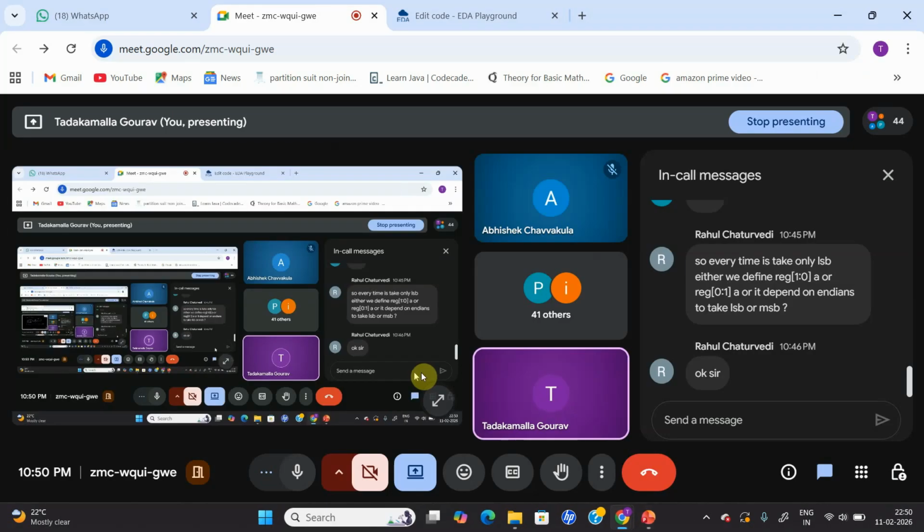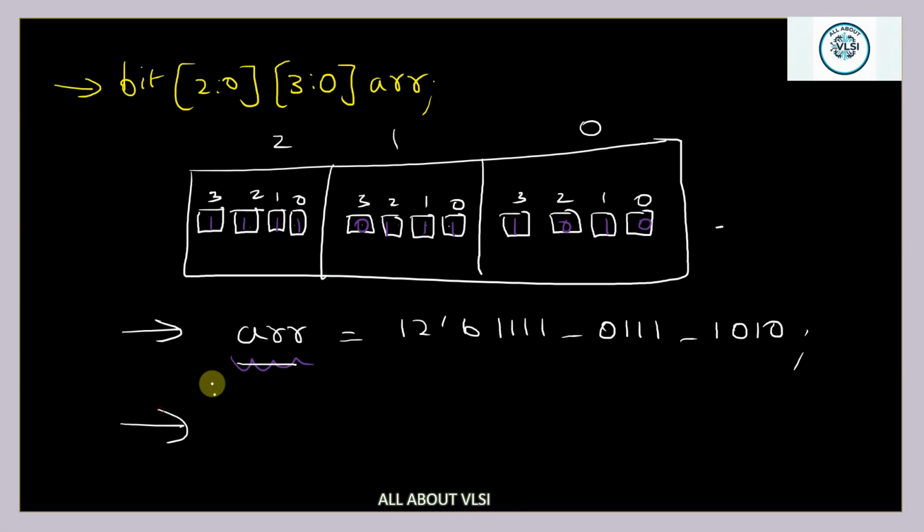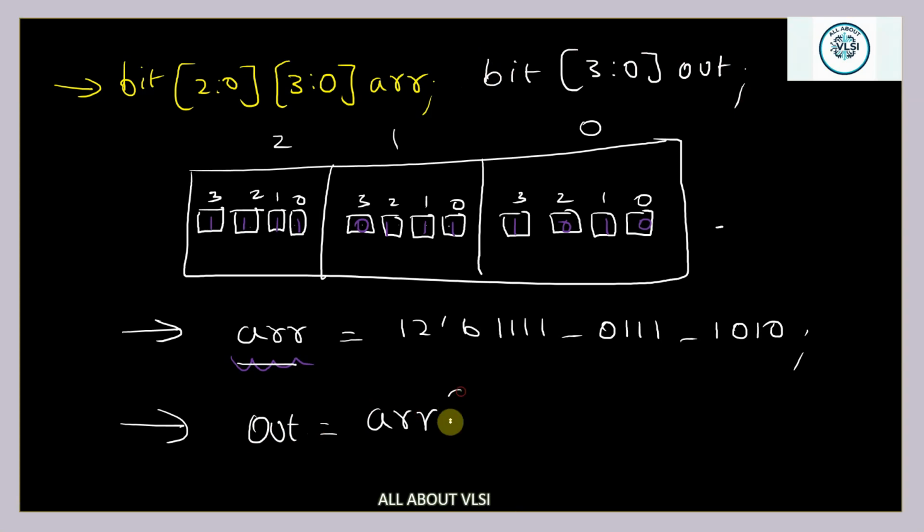For example, let us take one variable as bit [3:0] out, and say out is equal to ARR of 2. Now can anyone tell me the value of out?